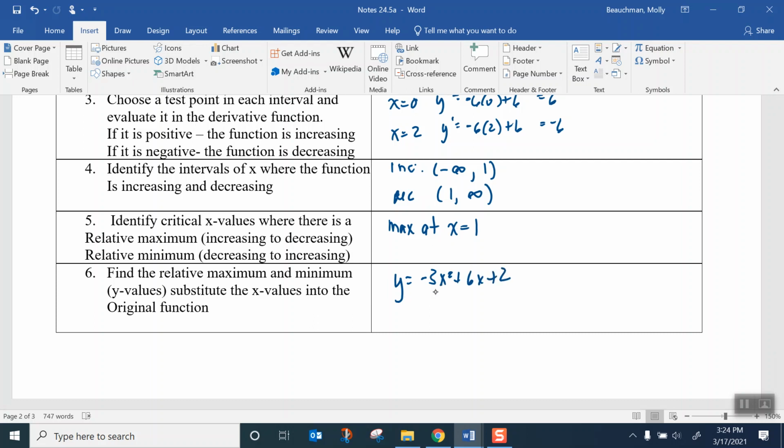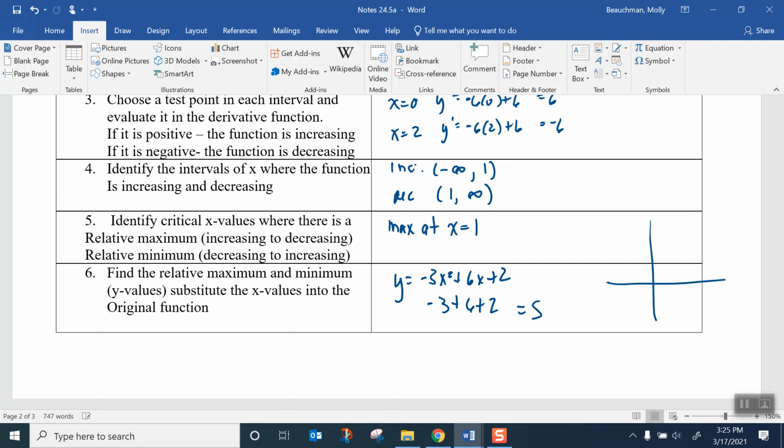So when we substitute 1, we get -3 plus 6 plus 2, which is equal to 5. So that tells us that a relative maximum of 5 occurs at the coordinate x equals 1.